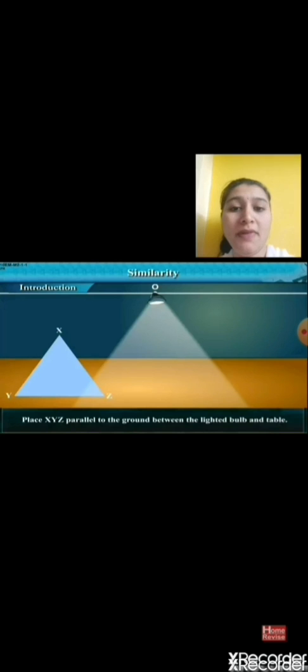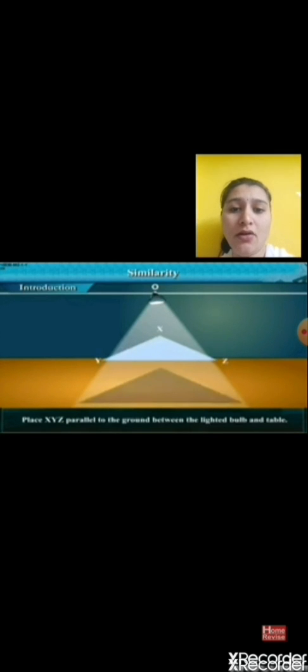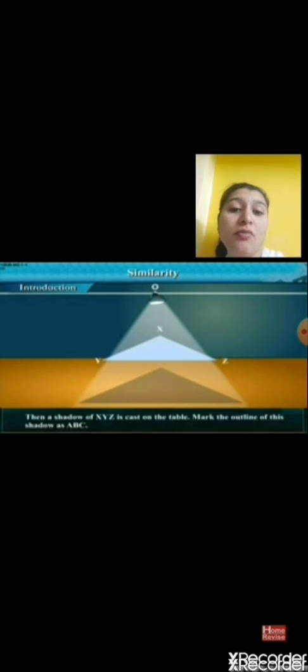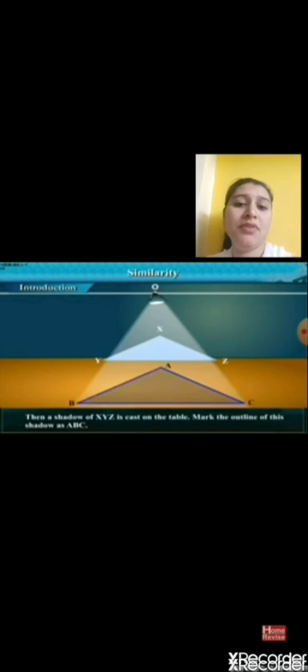Place a light bulb at point O on the ceiling and directly below it, a table. Place triangle XYZ between the light bulb and the table, in such a way that its shadow is cast on the table. So first triangle we will name it as XYZ and the other triangle formed we will name it ABC.